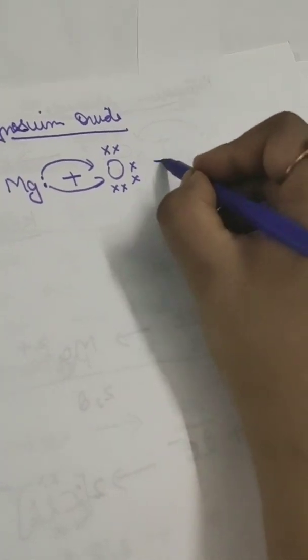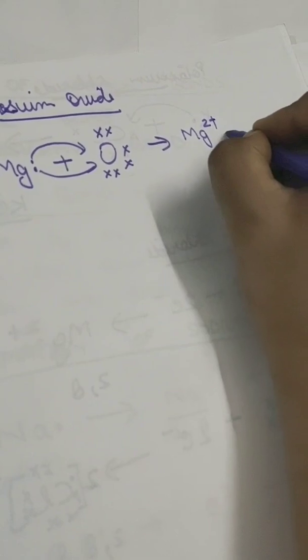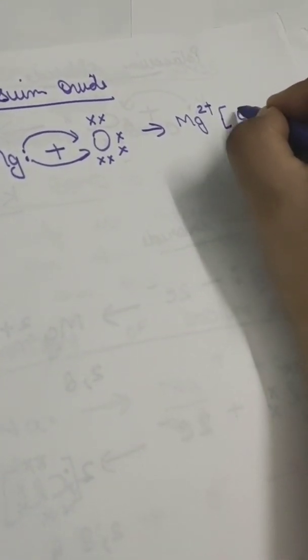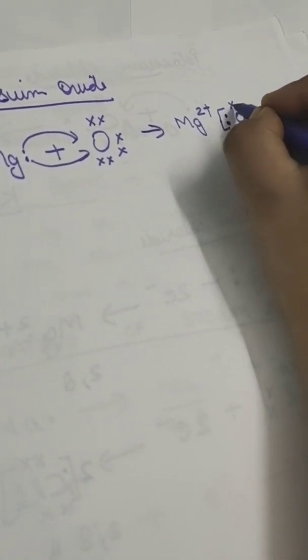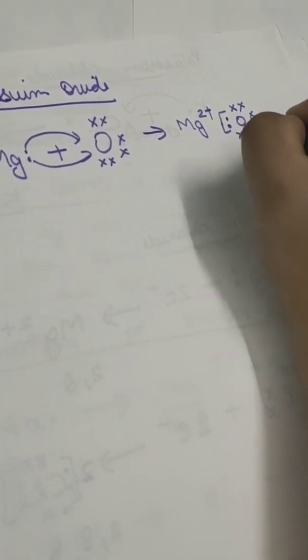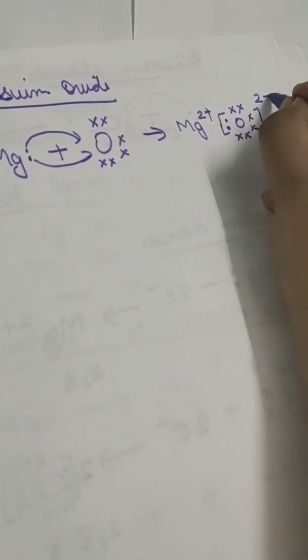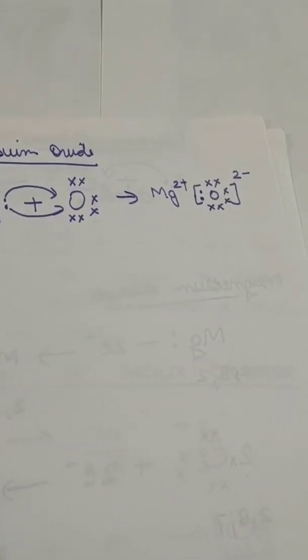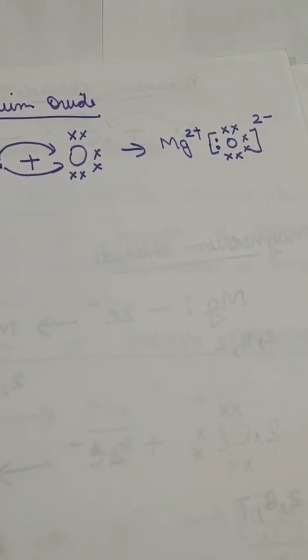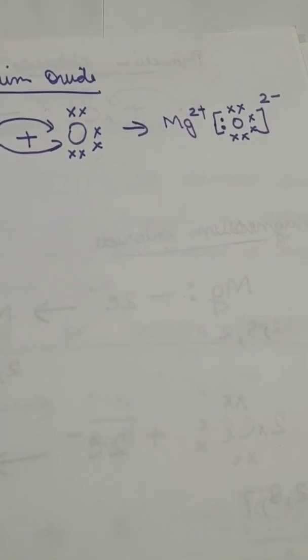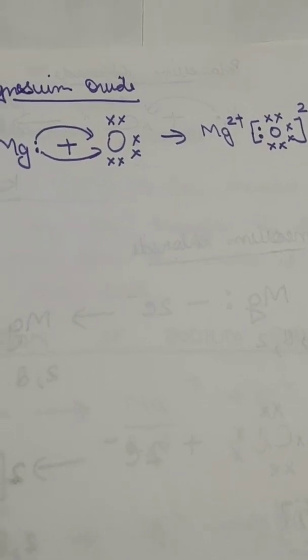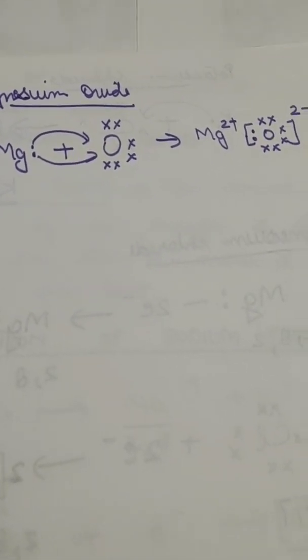So it will become Mg2 plus, and here it will be oxygen, 2 dots for magnesium, and here 2 minus, because magnesium had 2 electrons in its outermost shell and oxygen has 2 fewer electrons in its outermost shell. So one magnesium atom will give 2 electrons to one oxygen atom. So only one oxygen atom will combine with one magnesium and it will become MgO.